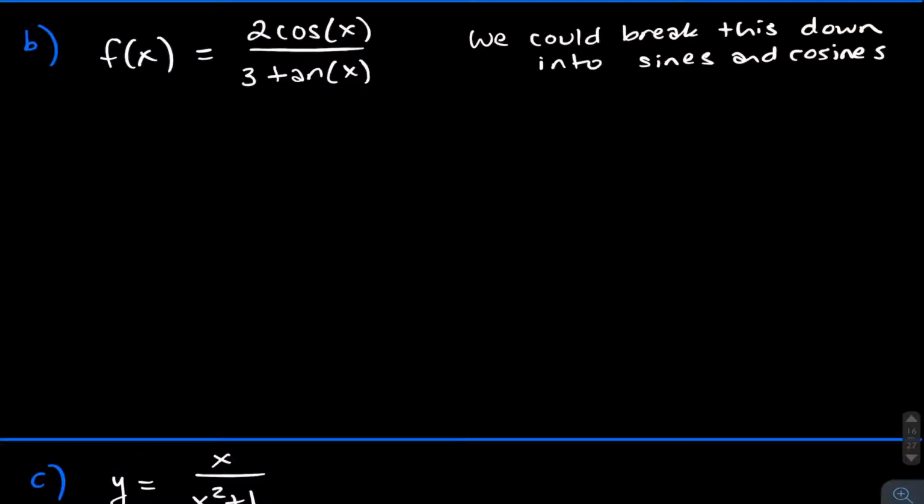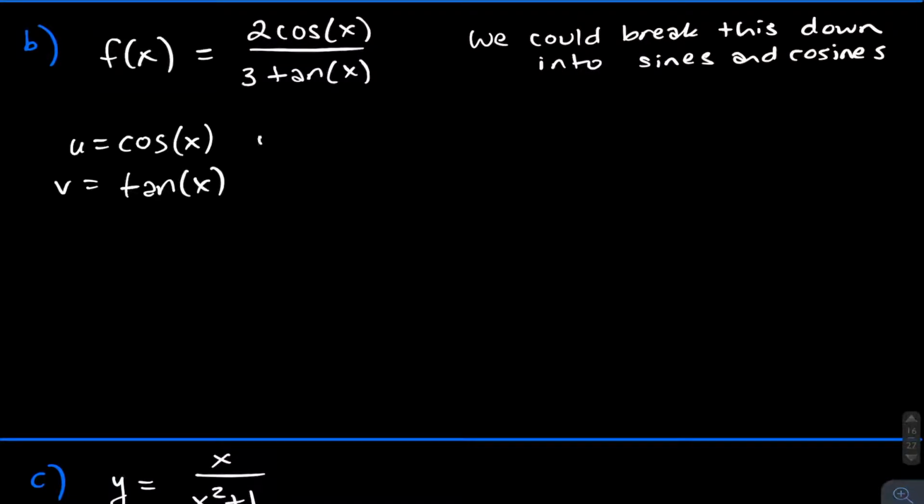Okay, so the idea is we have 2 trig functions. We have 2 cosine x, we have 3 tangent x. What we can do here is say that u is equal to cosine x. Let's worry about the 2 some other time. Let's set v equal to tangent x.